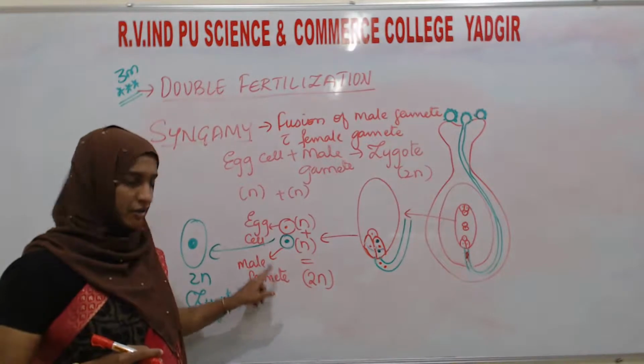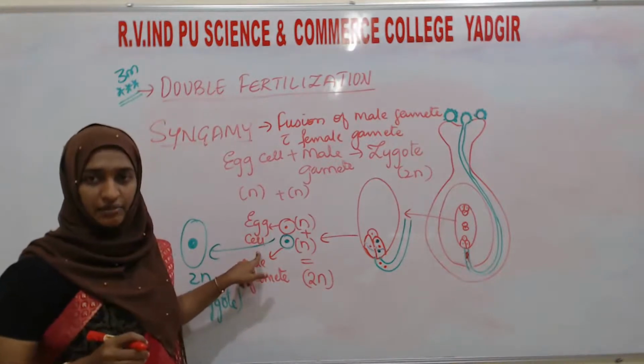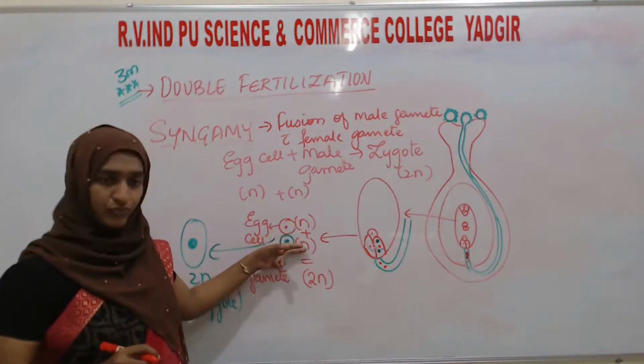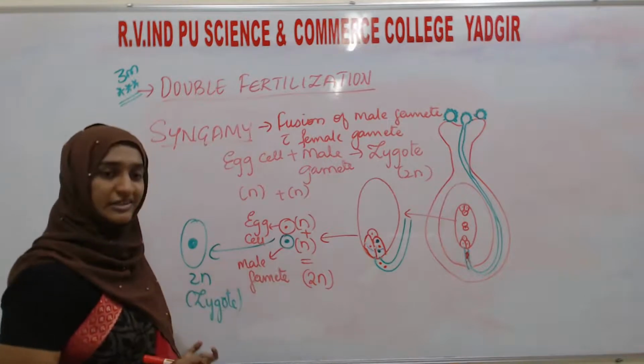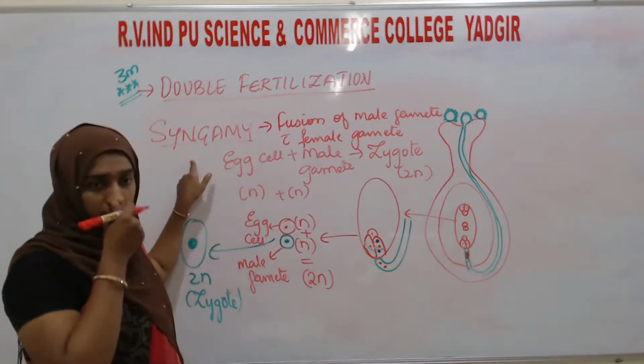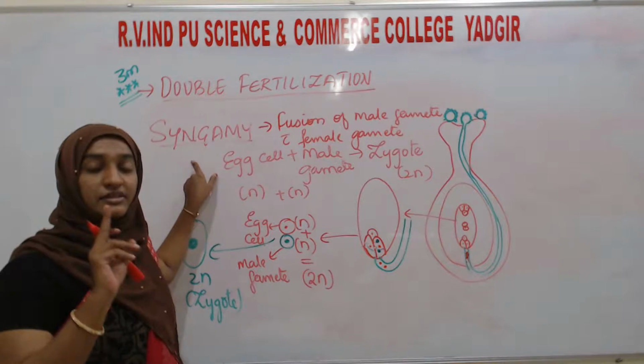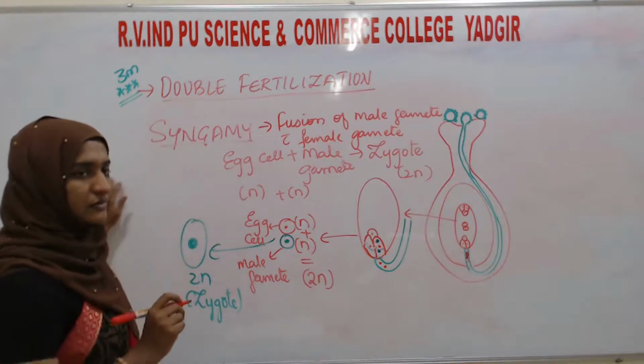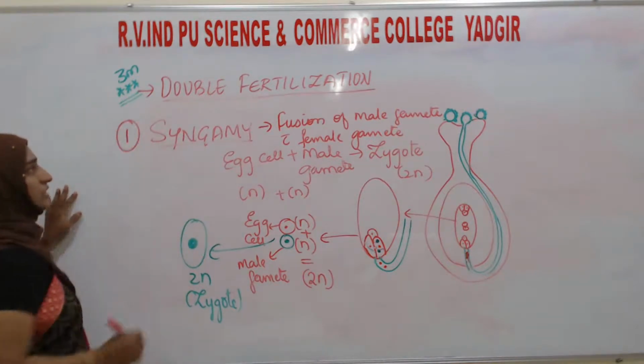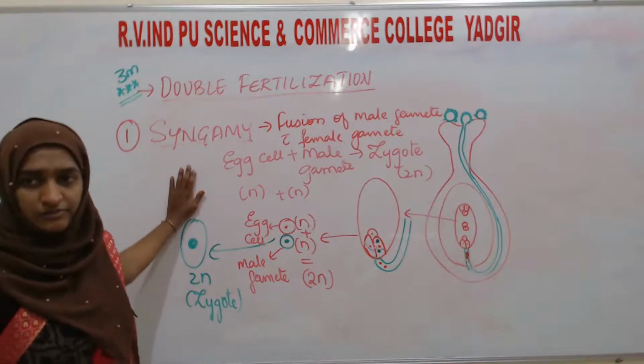The male gamete and the egg cell, which is the female gamete, fuse to form a diploid zygote. This process is known as syngamy. This is the first fertilization which takes place during double fertilization.